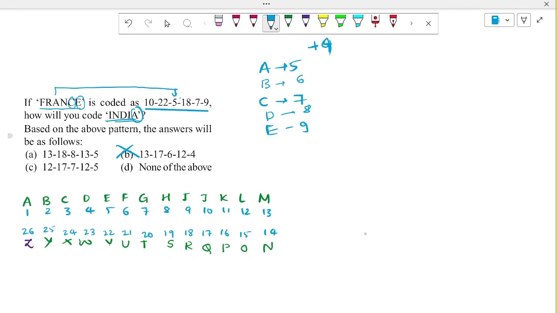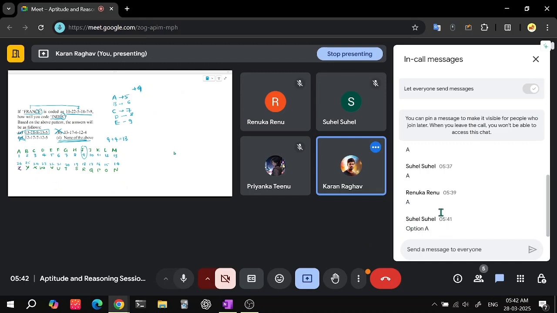And then observe for I. I is 9. 9 plus 4 is equal to 13. So only one option. But we need to analyze since we have got option D here. This is eliminated. Just try to check whether it is correct or not. Yes, option A is correct, I think.